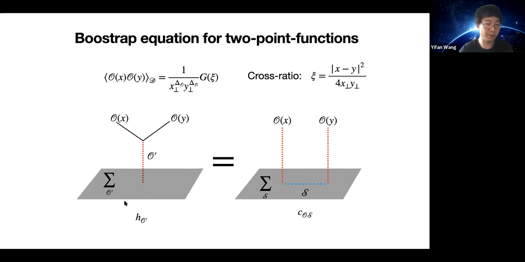Such things will be determined by H O prime times some one-point conformal block associated with this defect. But you can also do it differently. You can take the so-called bulk to boundary OPE limit first, meaning that you expand a given bulk operator in terms of local operators on the defect, and then you fuse these defect operators together.